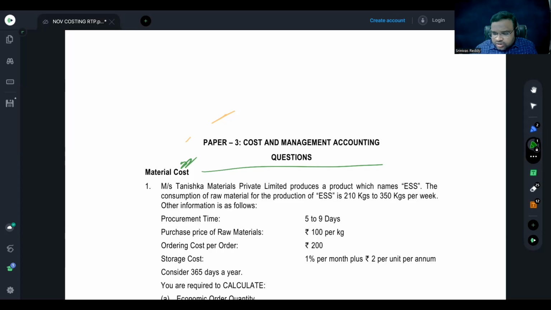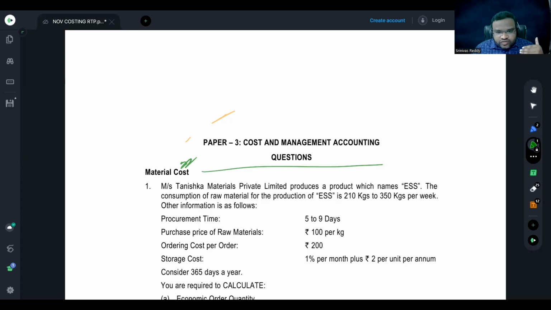You need to think very fast to move from one chapter to another immediately. That exercise you cannot do in the examination. You cannot do trials in the examination. You should do those trials before the examination by writing mock test papers or some other examination papers.